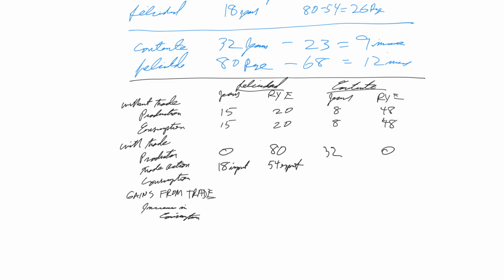What's Contente doing? Their trade action is to export 18. It's just the opposite, right? And they are importing 54 rye. And so what do they end up consuming? We already talked about that. If Felicidad is producing 0 genes and importing 18, they must be consuming 18.